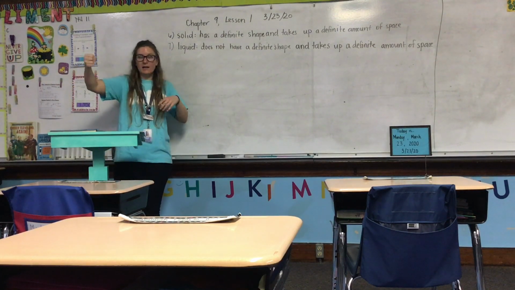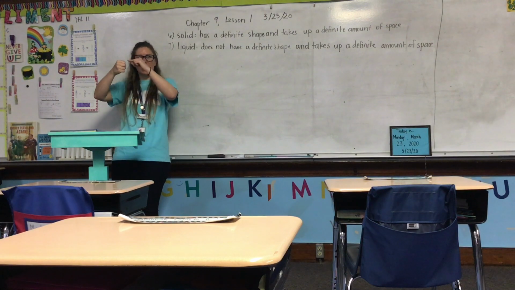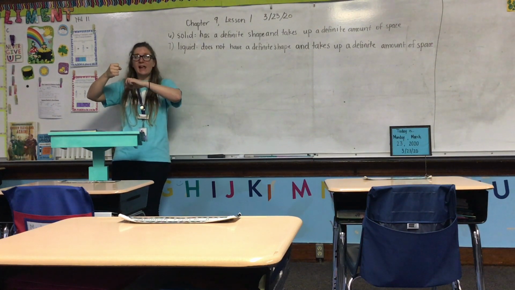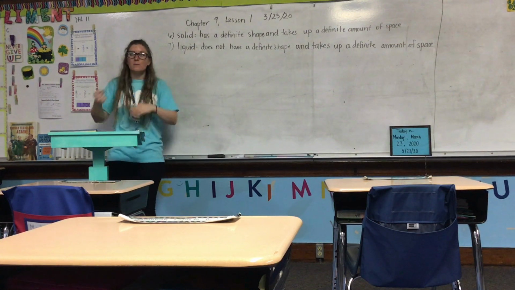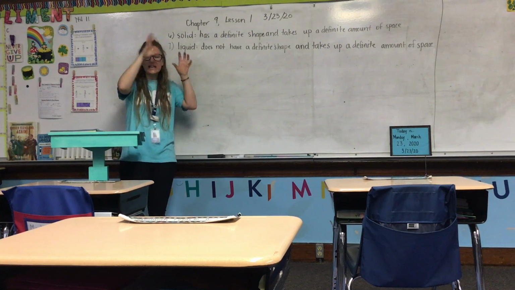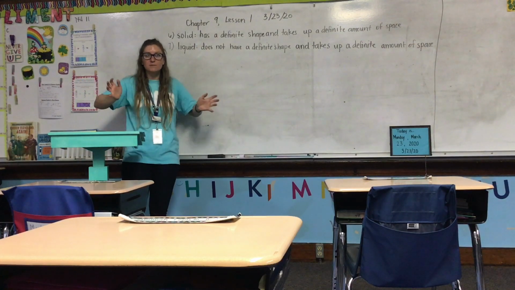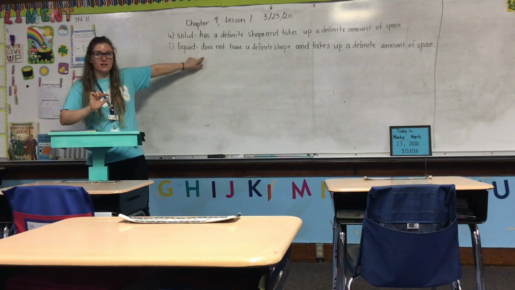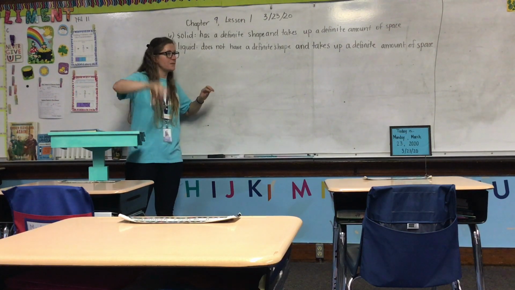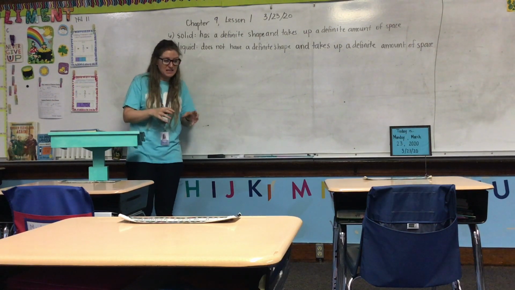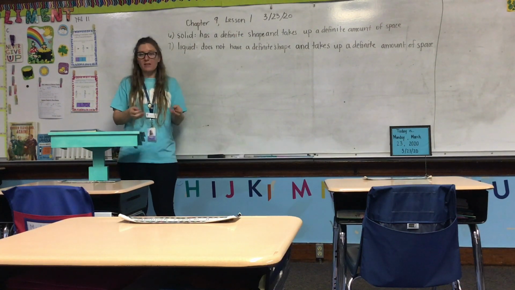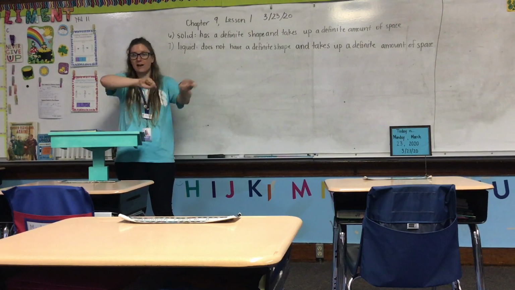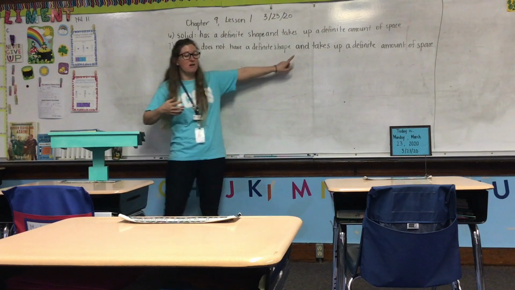My 1 cup in my measuring cup is almost to the top, but if I pour it in that really big pot, it's a lot lower because it doesn't have a definite shape, but it still takes up the same amount of space because I can pour that water back and forth from that 1 cup measuring cup into that large pot, and I'm going to have the same amount of water every time.